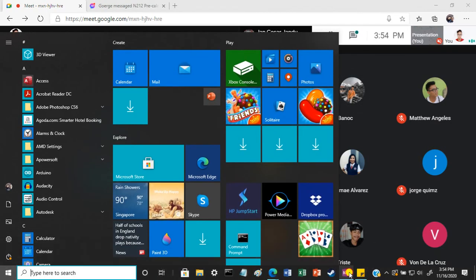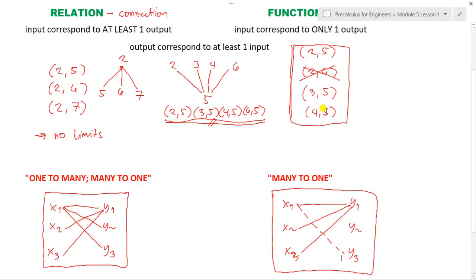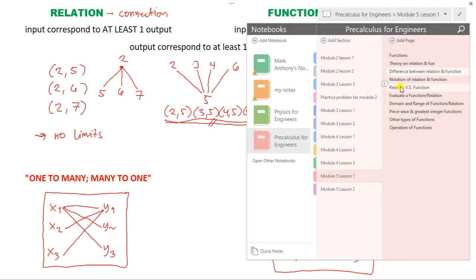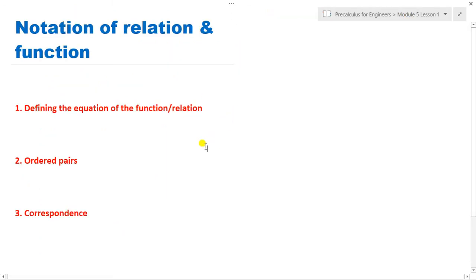Okay, so let's proceed to the next topic. Since we are dealing with relation and function, we are going to apply this in a mathematical expression, or we are going to express this mathematically.